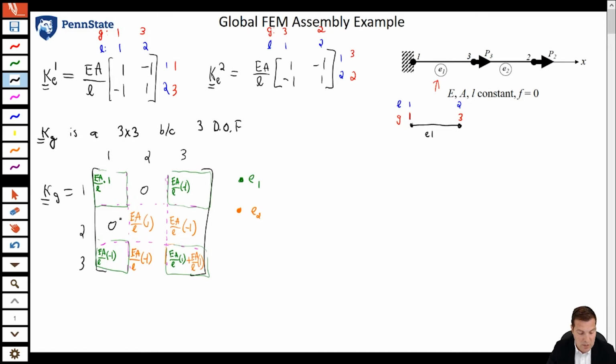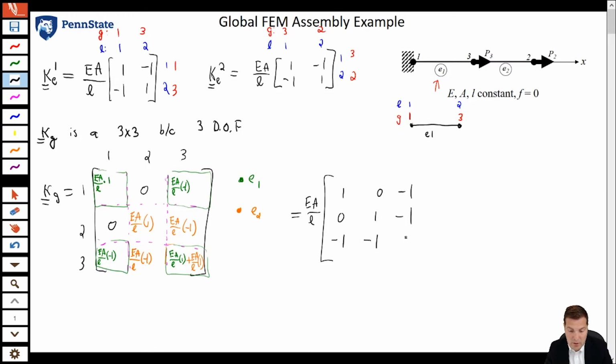We do need to add up along the 3, 3 position, which is where we actually had to sum, since those overlap. If we write that value, we can pull the EA over L out, and then write 1, 0, negative 1, 0, 1, negative 1, negative 1, negative 1, 2. And so that is our global stiffness matrix.